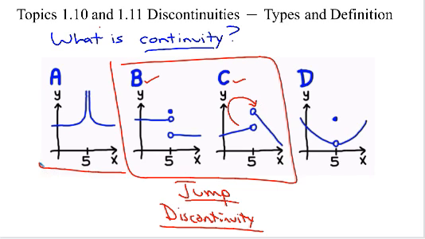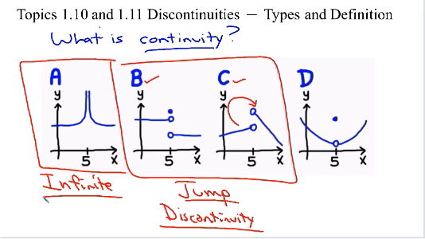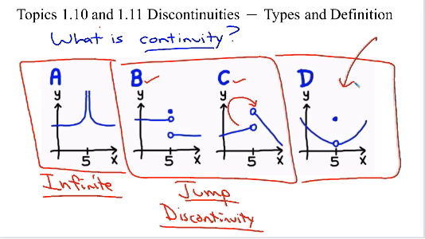Letter A is what we call an infinite discontinuity. That one is also not continuous at 5. It does look like both sides are approaching infinity, but it's not continuous. And when we look at letter D, yes, the limit as x approaches 5 would exist, but it's not continuous at 5.